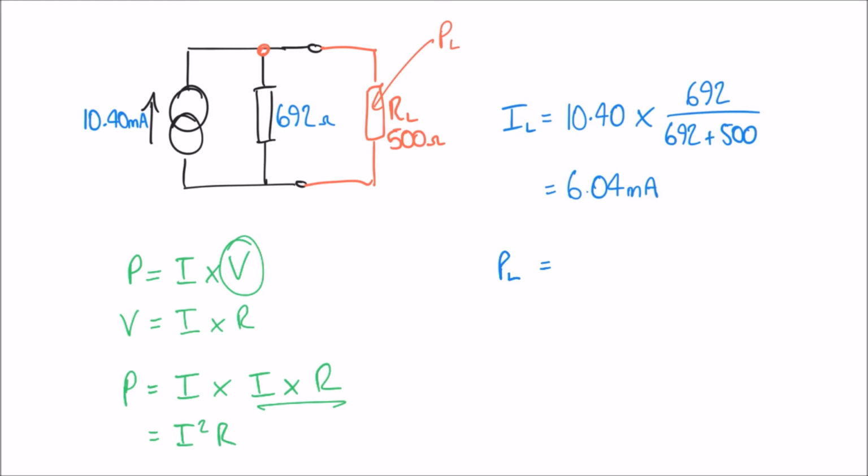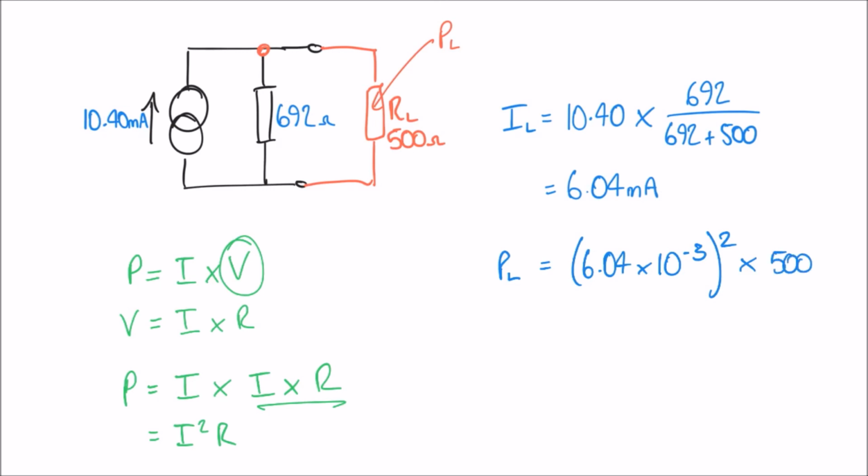So I have to use SI units here, because milliamps is expressed as 10 to the minus 3. So that would be 6.04 times 10 to the minus 3, squared, multiplied by R, which I know for the load is a 500 ohm resistor.